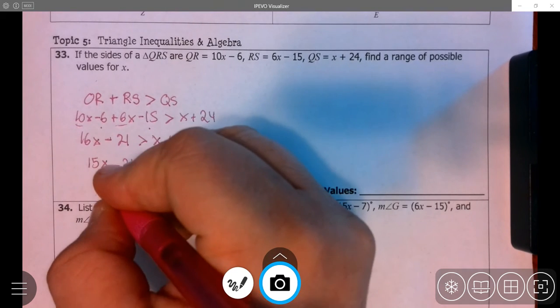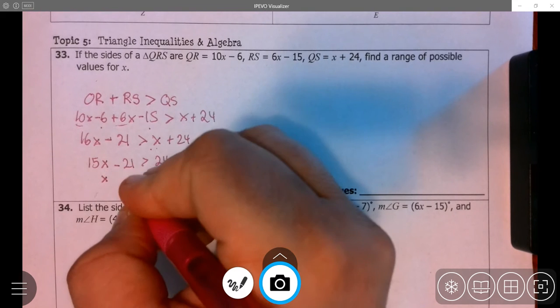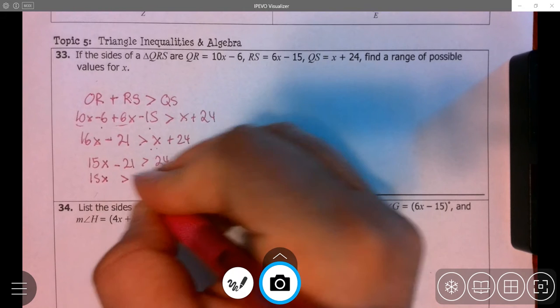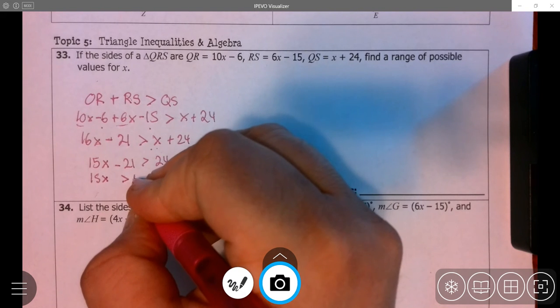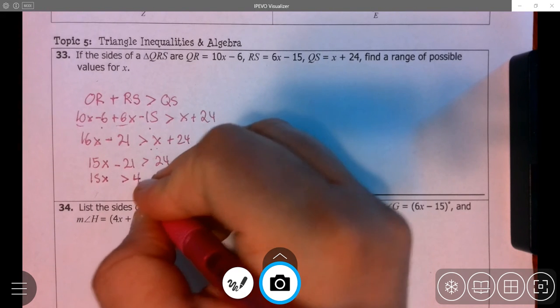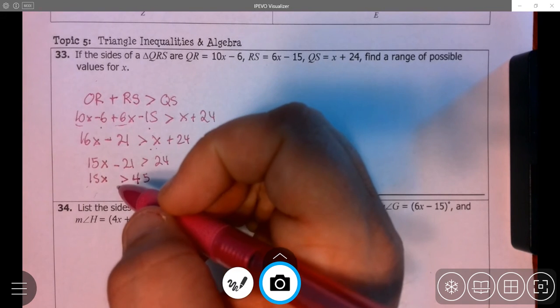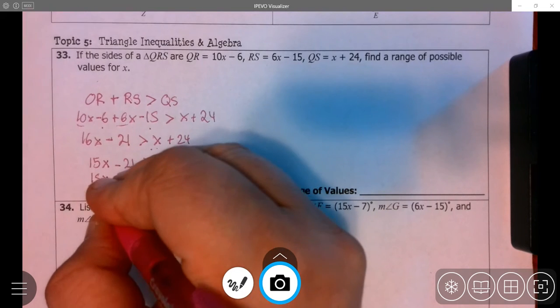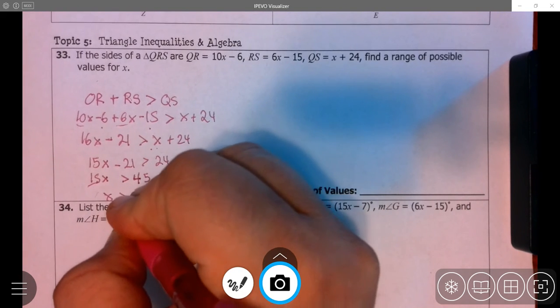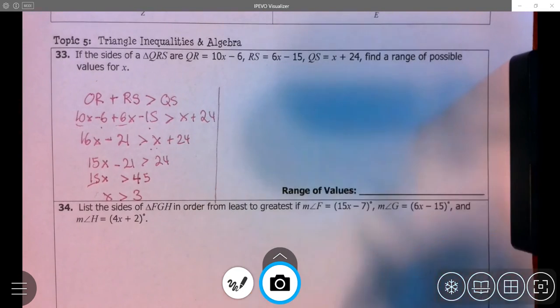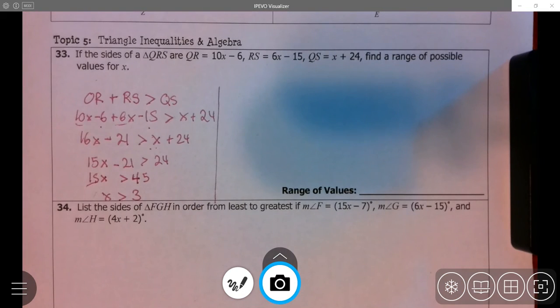Add 21 to both sides. 15x, excuse me, is greater than 45, and divide by 15, x is greater than 3. Okay, so that's our first scenario. Then we have to follow up and do this for each of the subsequent possibilities.